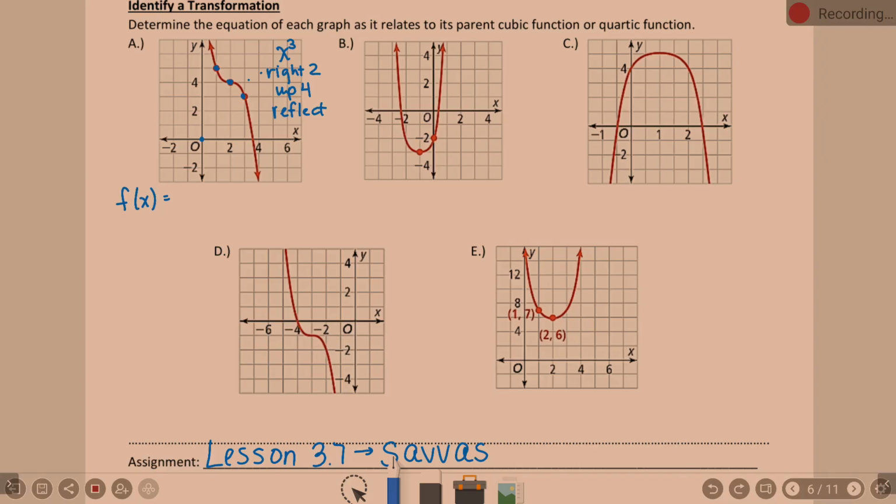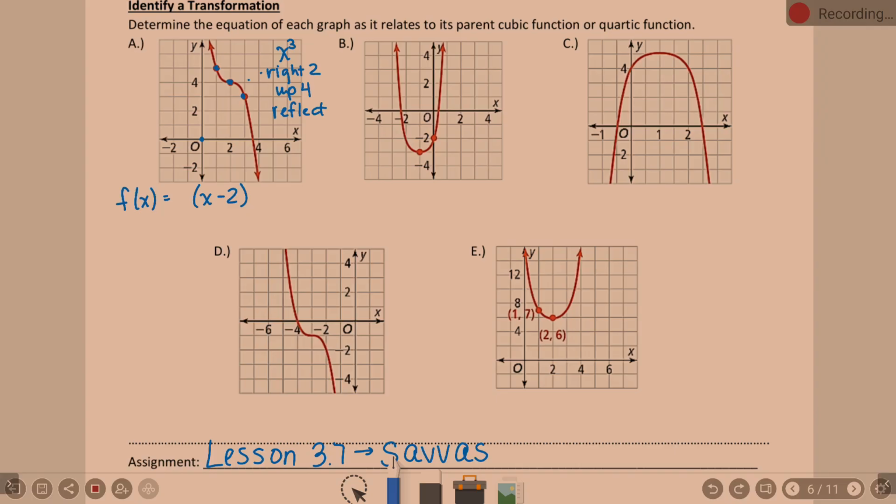In order to go right 2, we're going to put that in the parentheses, but what sign? Opposite sign. So we're going to have in the parentheses x minus 2. Okay? Because that represents right 2.